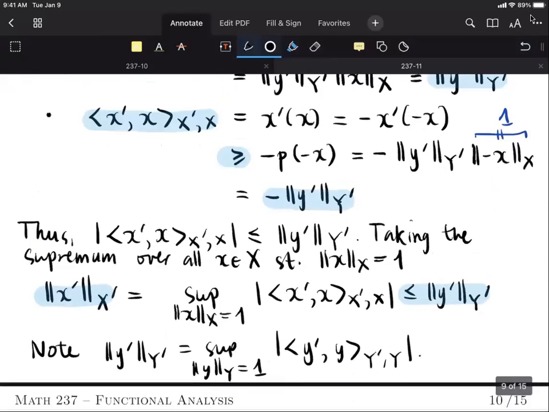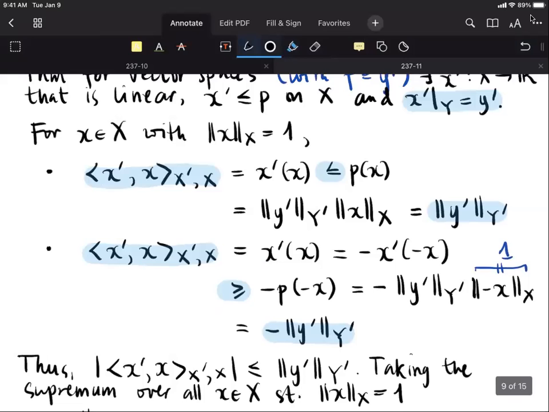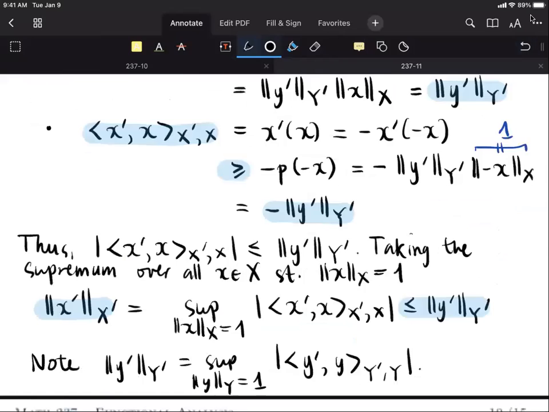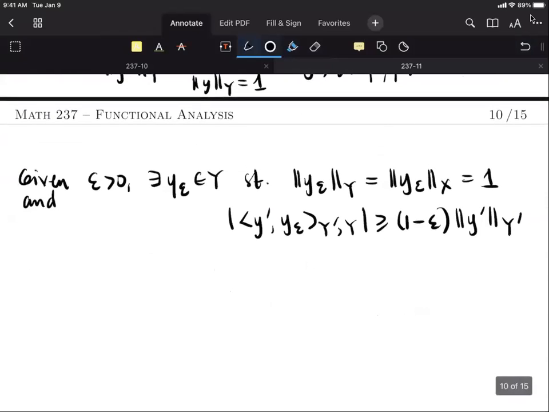Okay, take note that x prime and y prime coincides with y. So therefore, the left-hand side can be written as the duality pairing between x prime and y epsilon as well.